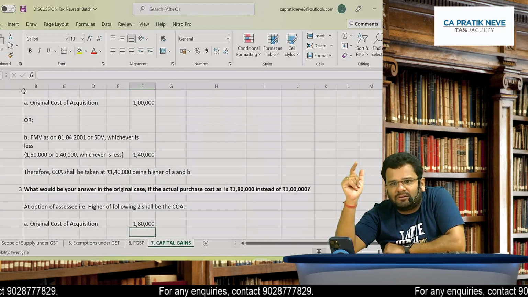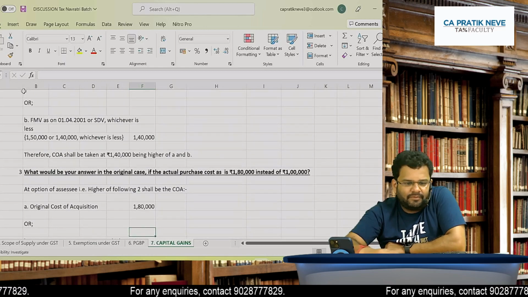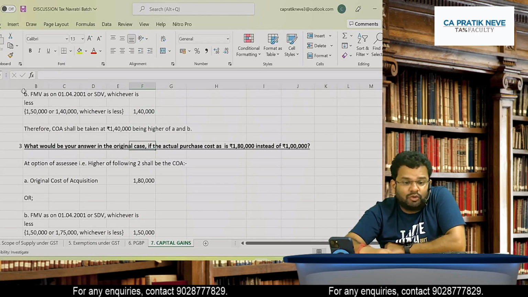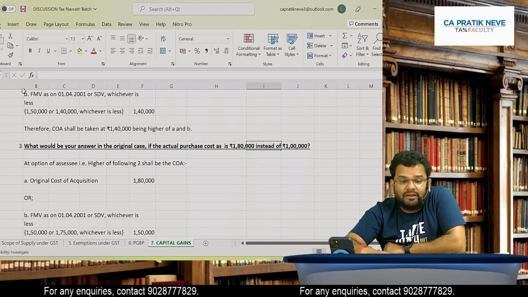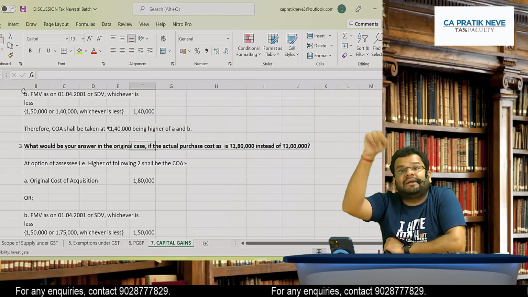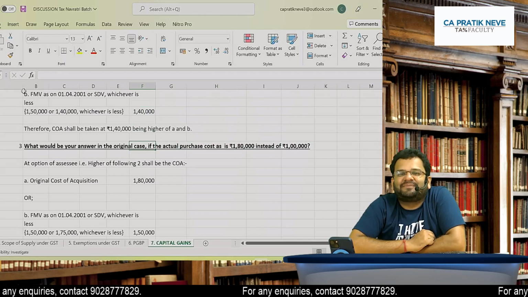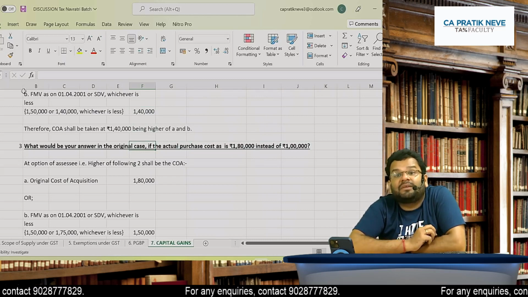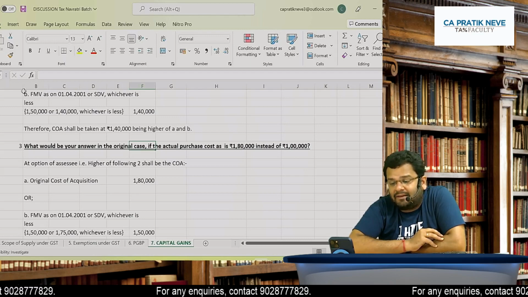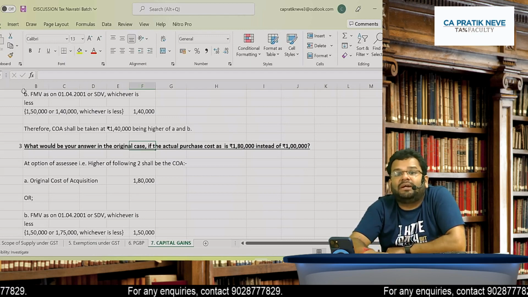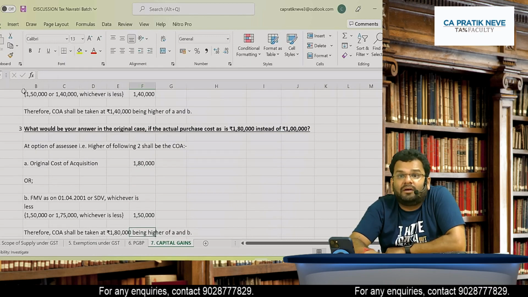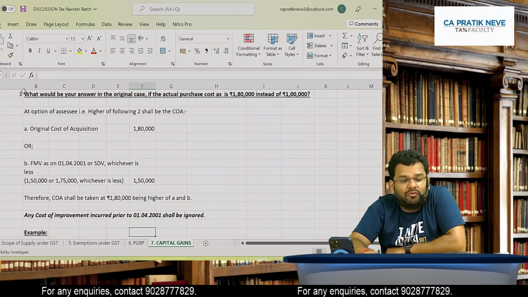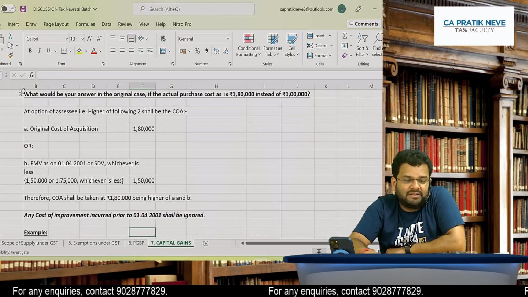Is this point clear to all of you? Can I go ahead? Okay, what would be the answer in the original case if the actual purchase cost is 1,80,000 instead of 1 lakh? Then of course you have to take 1,80,000, because it is 180 original purchase cost or 150, whichever is higher, isn't it?